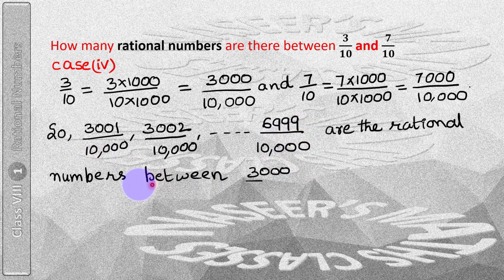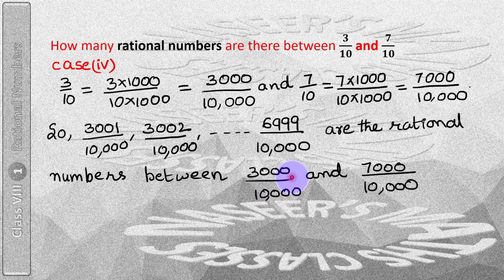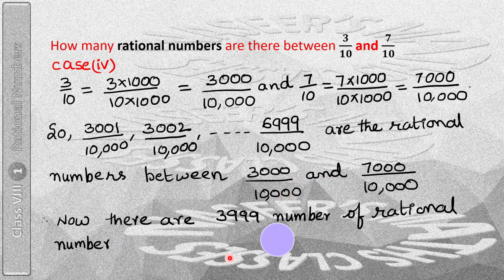These are the rational numbers between 3000 by 10,000 and 7000 by 10,000. So we can say that there are 3999 rational numbers between 3 by 10 and 7 by 10.